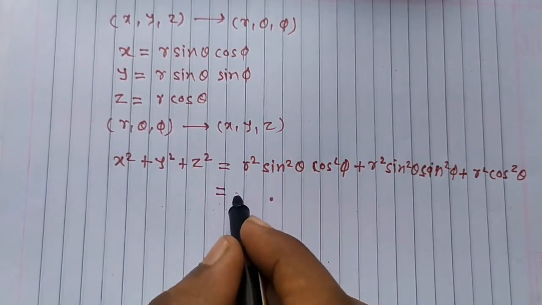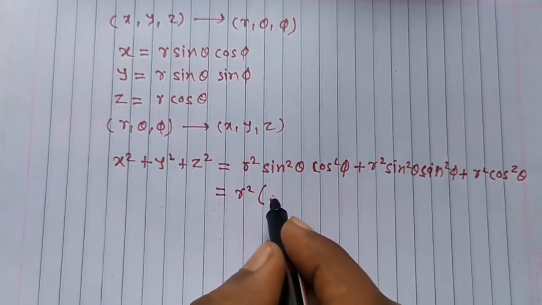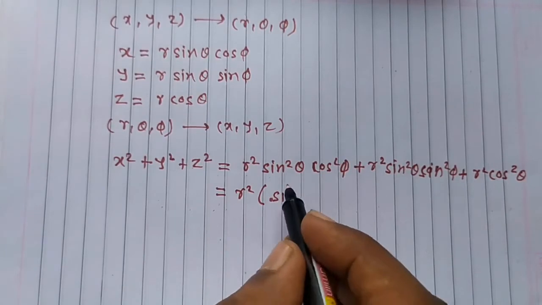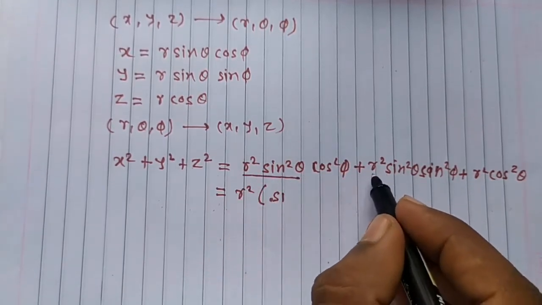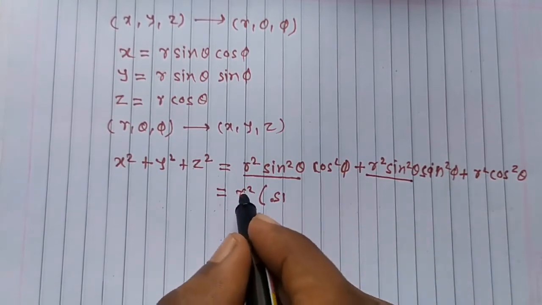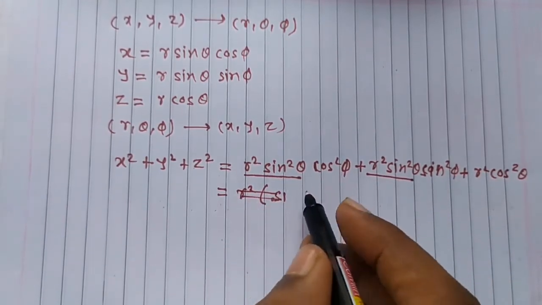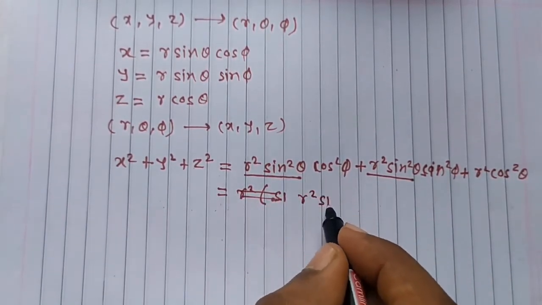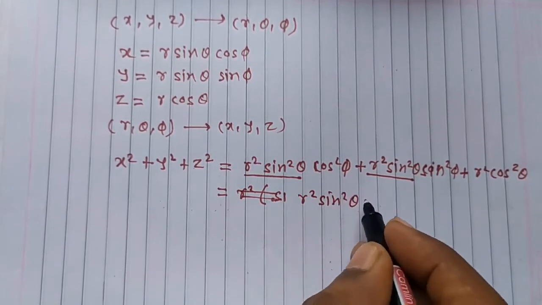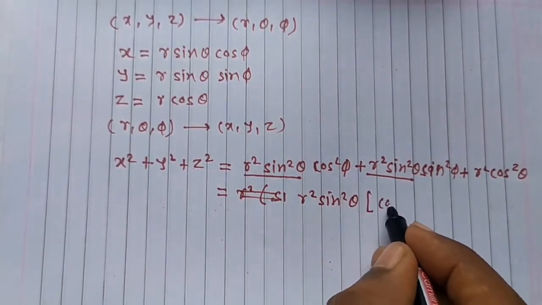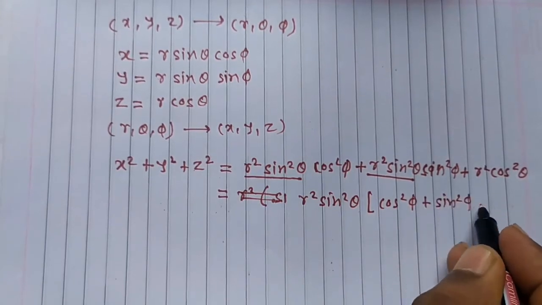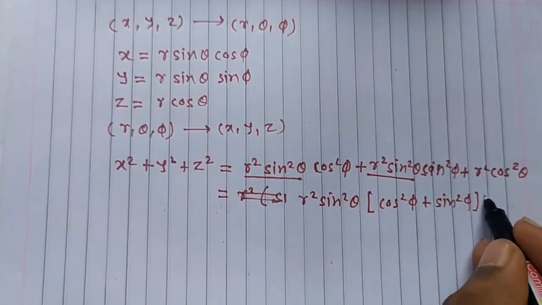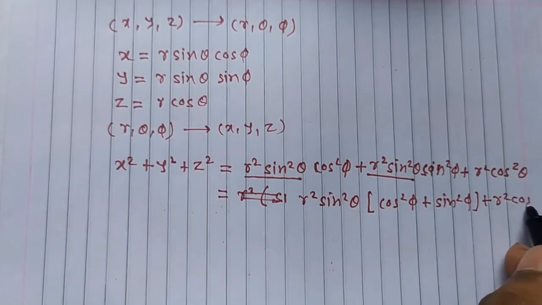Now I can take r square common. Rather than taking r square common in all terms, in the first two terms I can take r square sine square theta common, and then cos square phi plus sine square phi, and then there is r square cos square theta.